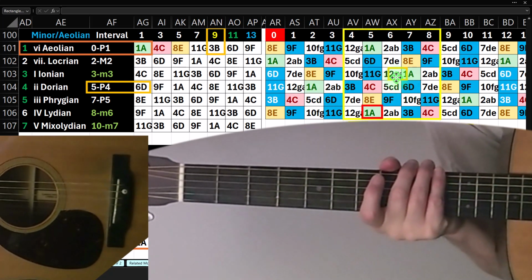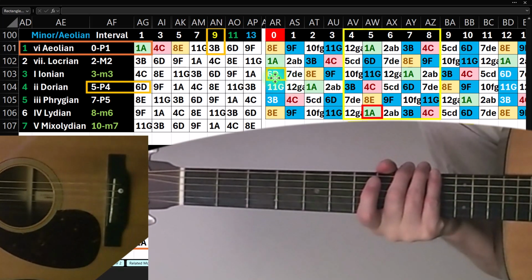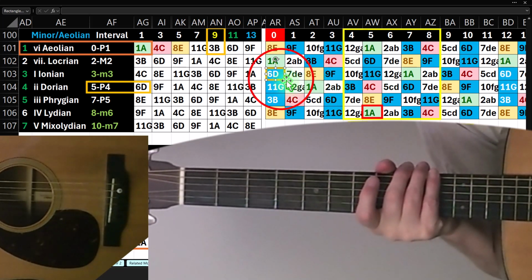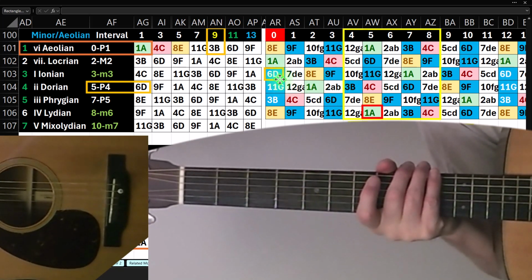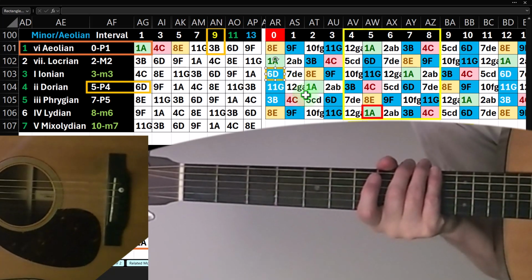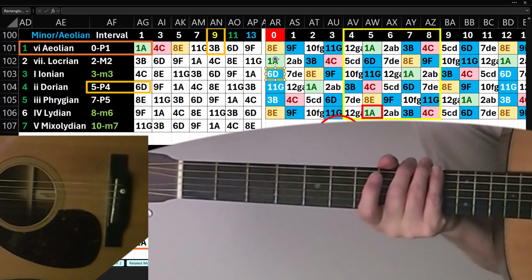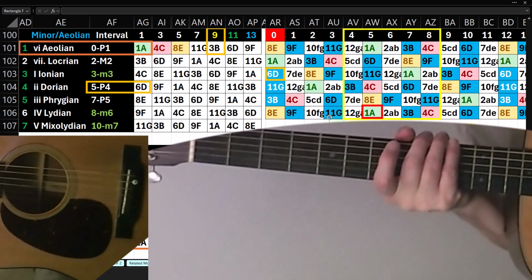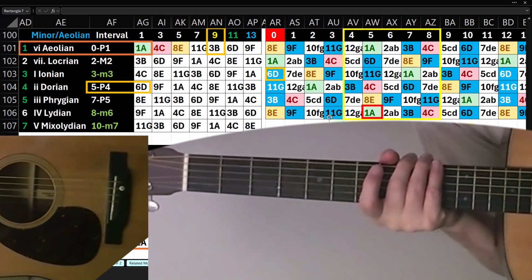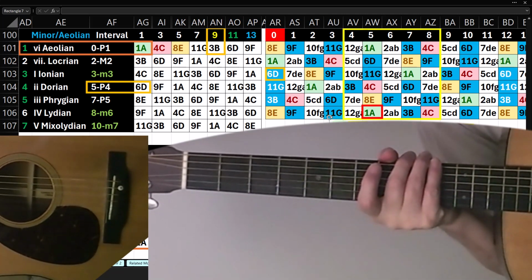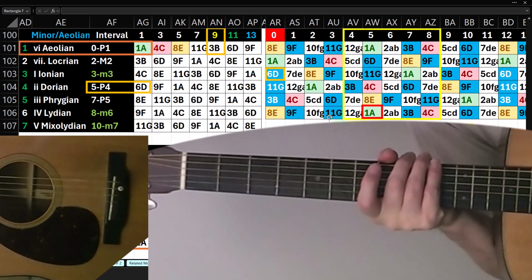Let's go up another string. Going up to here. So here's the long distance. 1, 2, 3, 4, 5. So it's 5 this way. So let's start there. This is the one that's possibly just out of reach most of the time, so we don't use it maybe as often, but we're looking for a 5-note away perfect fourth.